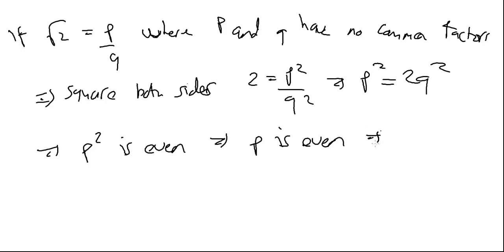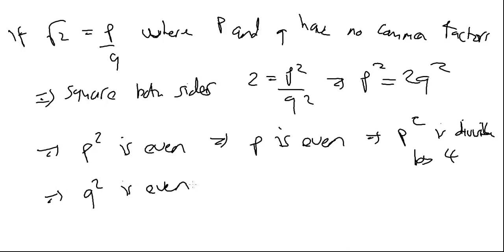So then that means that p squared is divisible by 4, since if p is even, that means it's divisible by 2. That means that p squared is divisible by 4. So then, nearly done. That means that q squared is even, because if p squared is divisible by 4, so the left hand side is divisible by 4, we divide both sides by 2 and we end up with q squared is even.